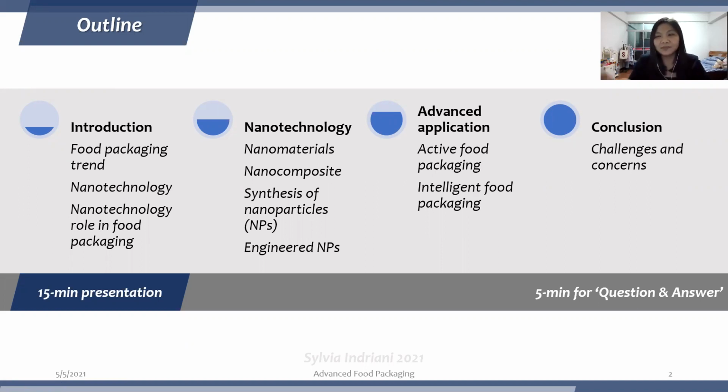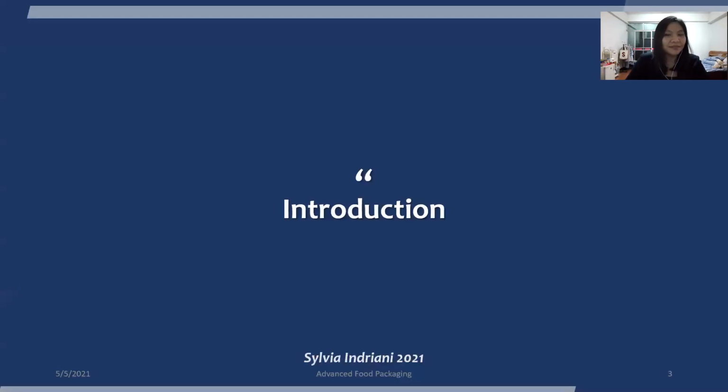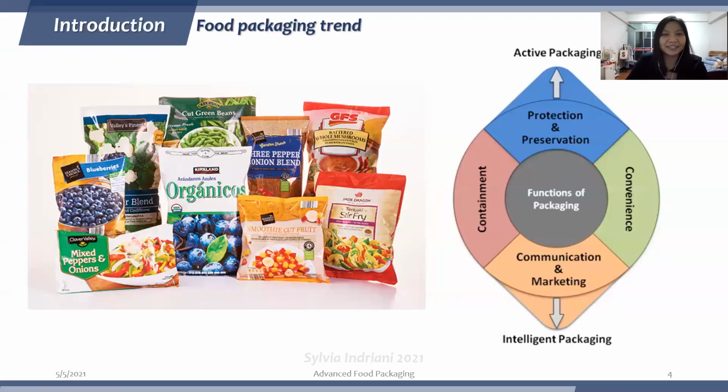And lastly, the most important thing that we really want to know: is it applicable to apply nanotechnology in the food industry nowadays? Then at last, we will share about the challenges and the concerns when we need to apply these technologies. Okay, without further ado, let's take a look at food packaging trends.